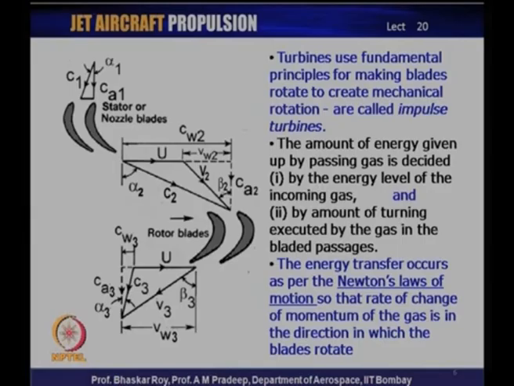So, we have to make sure that it is coming in with a very high energy level at the station before the stator nozzle, and only if it has a very high energy level, it can execute a very high expansion or acceleration through the stator and nozzle blades to create this high velocity jet C2. So, that is crucial to the operation of high working gas turbines.